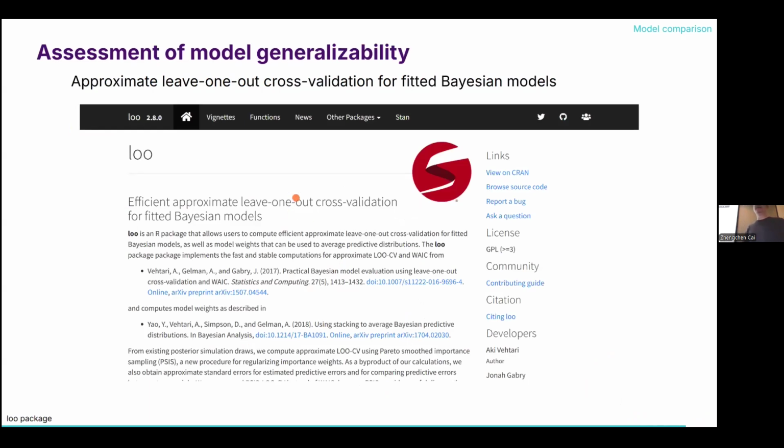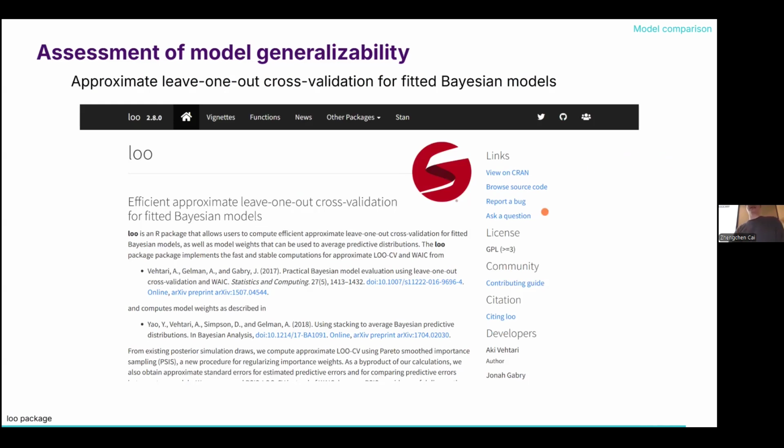And then in Bayesian, when we assess generalizability, there is this famous toolbox called LOO. It's leave one out cross validation. What you do with leave one out cross validation is you fit your model by removing one data point, right? And then you check how well you can predict that data. And then you repeat. Imagine you have 1,000 data points, you will fit 1,000 times, which will be time consuming, especially for Bayesian models, it's almost impossible.